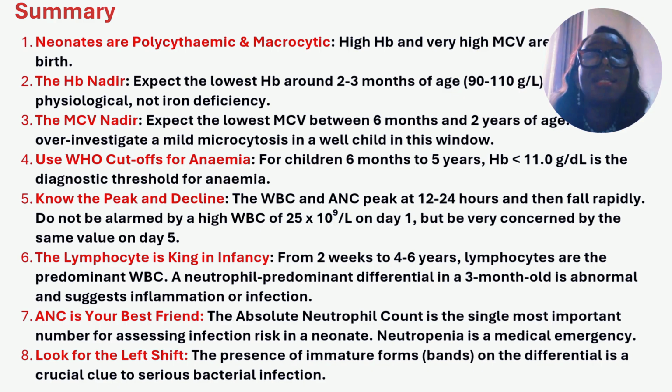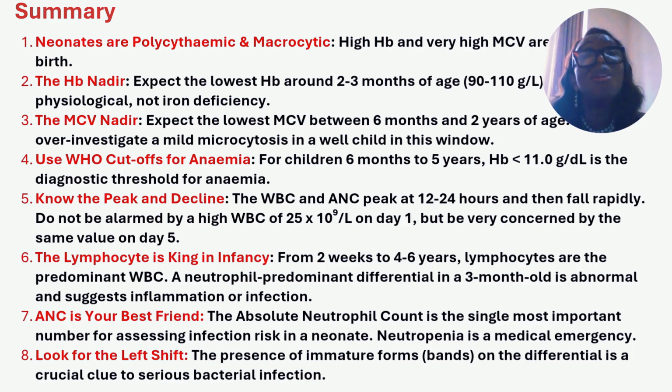Neutropenia is a medical emergency in neonates. And again, the presence of left shift, even when the total WBC is normal, is an indication of infection in the neonate. The presence of immature forms, like bands, on the differential is a crucial clue to serious infection in the neonate.